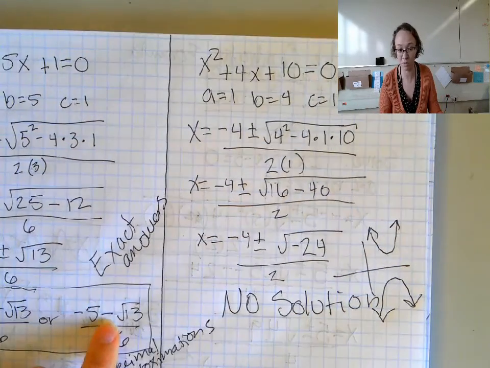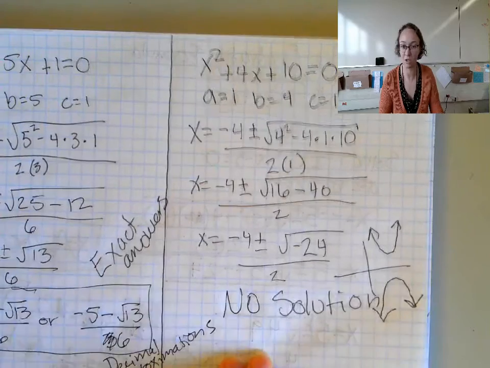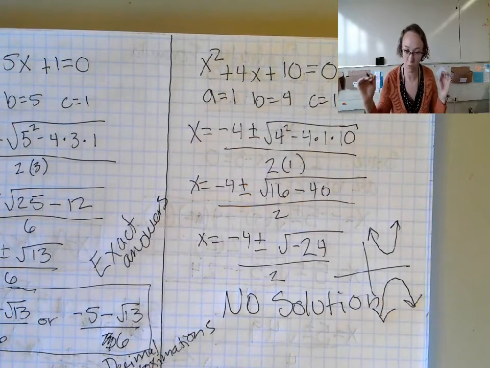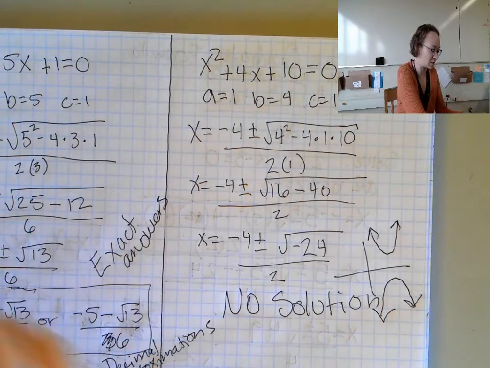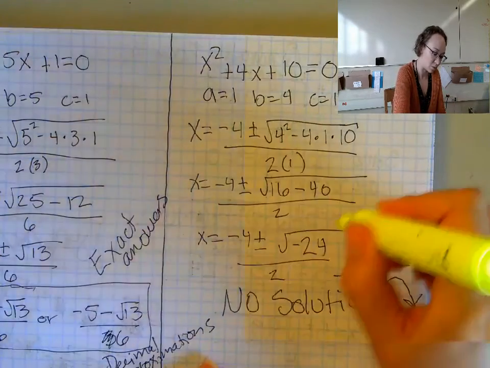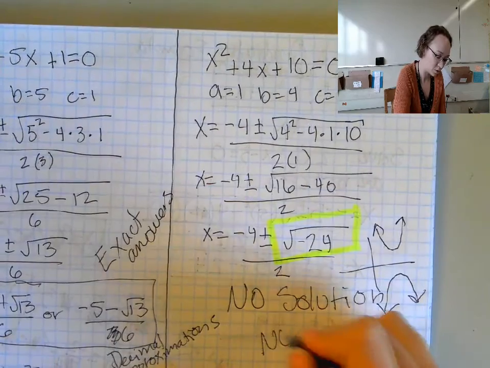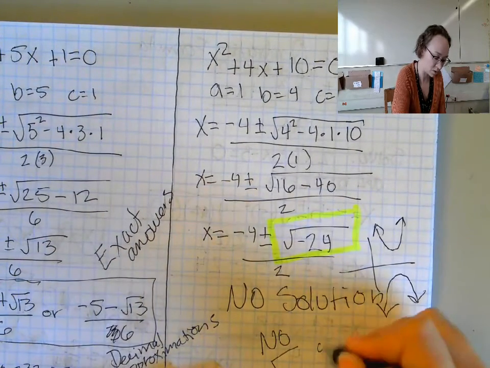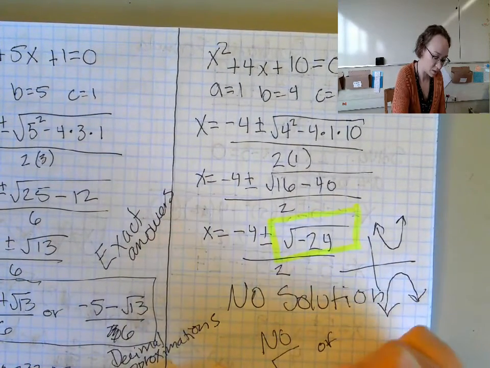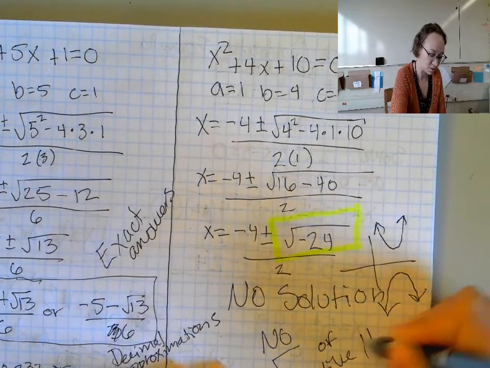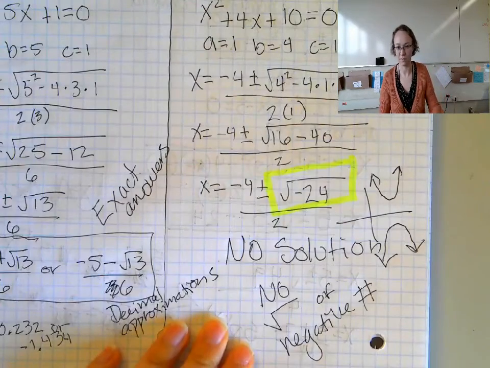Because I would have found those if there were. This truly means there are no x-intercepts. There is no solution. And that is because you cannot take the square root of a negative number. Okay?